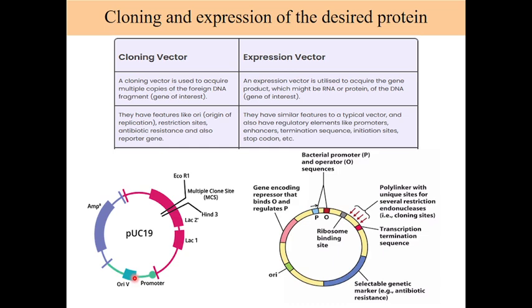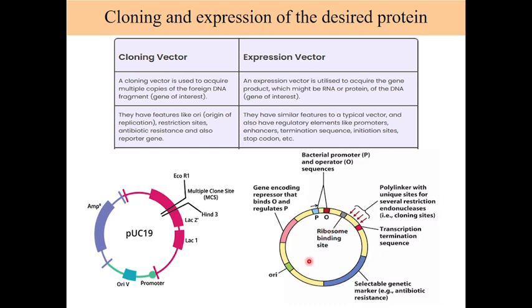What about an expression vector? An expression vector is designed for protein expression. So it should have a start codon for starting the protein translation. It should have a stop codon for ending the protein translation. It should have a ribosome binding site before the start codon, where ribosomes are going to come and bind and then start the entire protein synthesis, right?